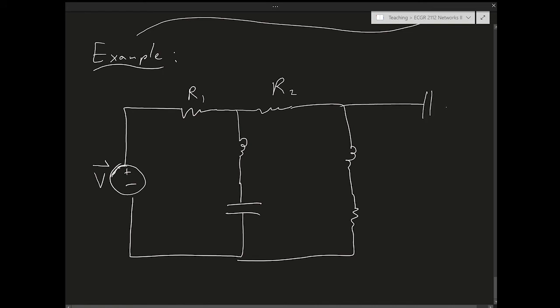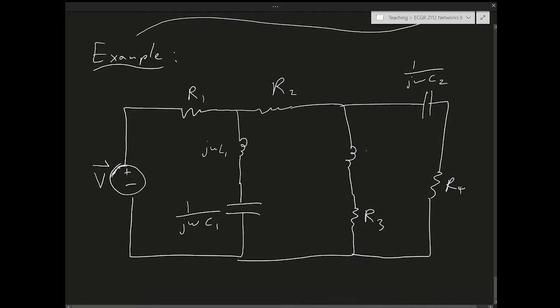I'm going to leave everything symbolic. R4, R3, R1, R2, R3, R4, 4 resistors, 2 capacitors. The impedances of the capacitors are 1 over j omega C1 and 1 over j omega C2. Right? And then I have j omega L1 and j omega L2.